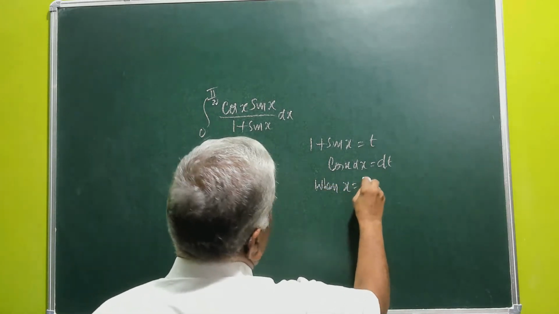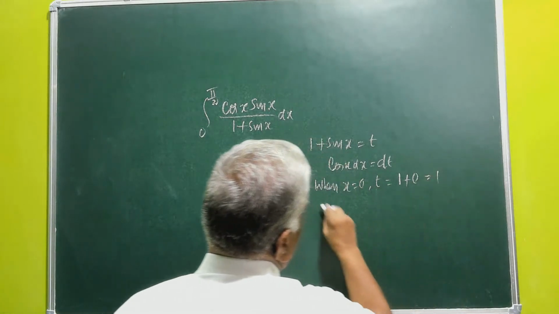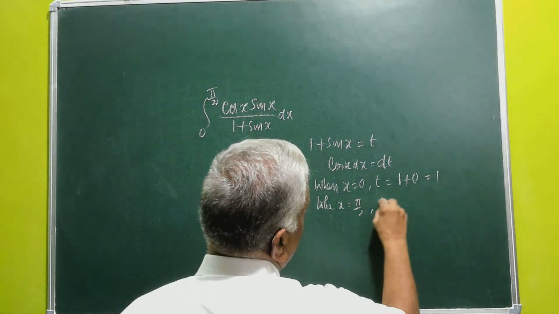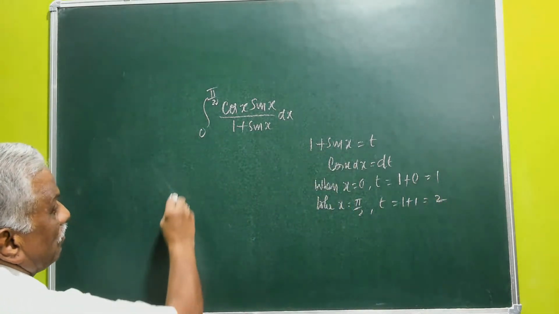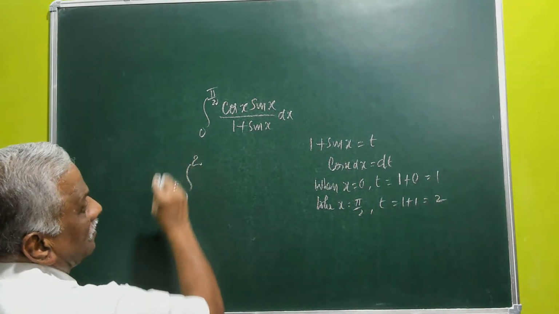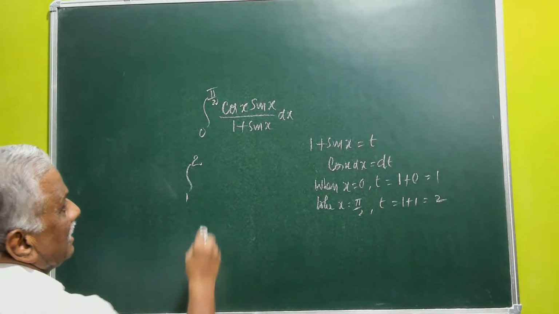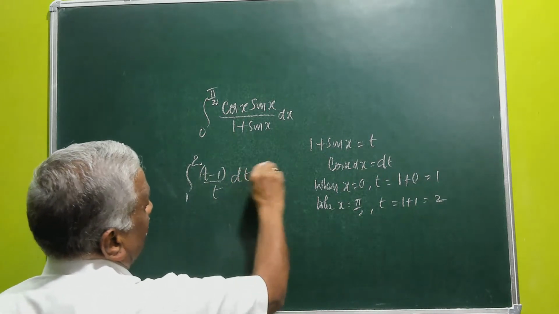When x is equal to 0, t is equal to 1 plus 0, 1. When x is equal to pi by 2, 1 plus 1, because sin pi by 2 is 1, so 2. The problem becomes 1 to 2. This cos x dx is dt. Sin x is t minus 1 by t dt.